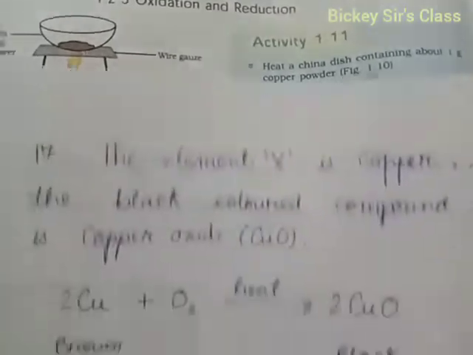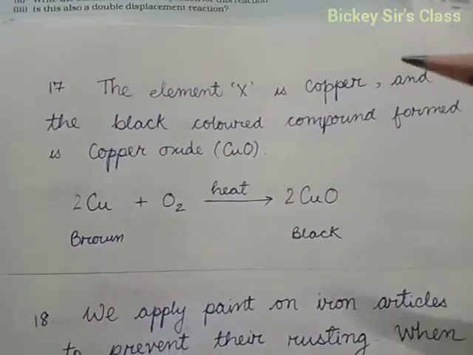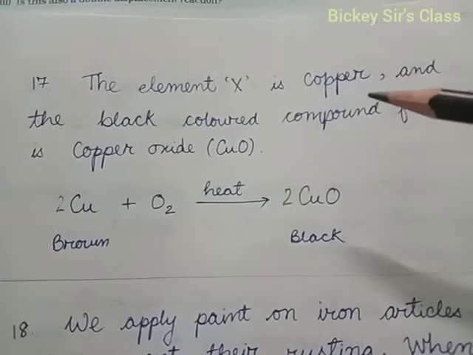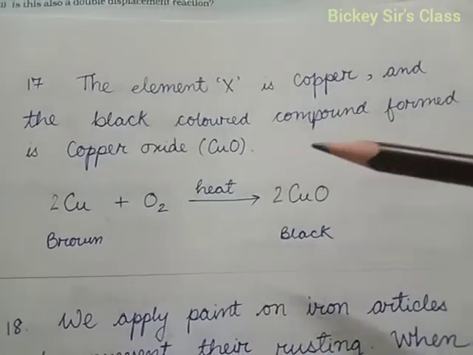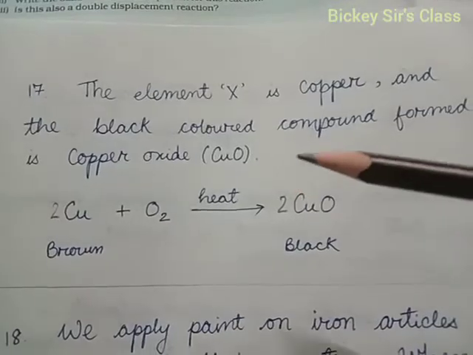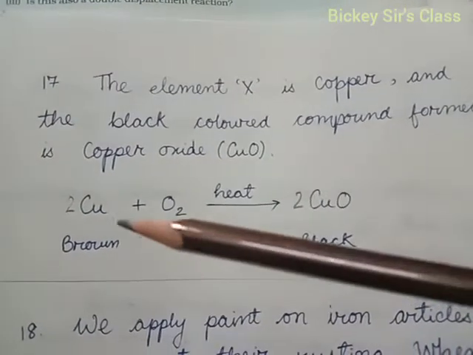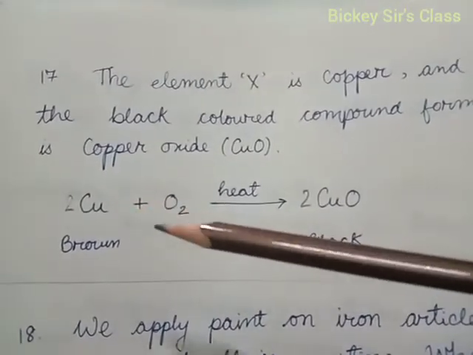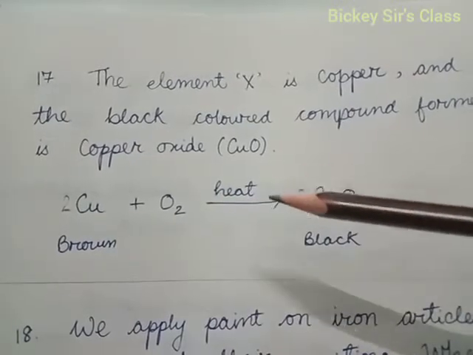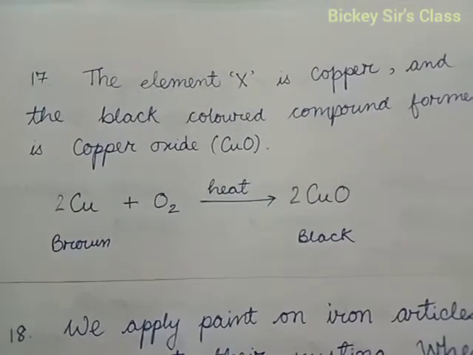So the answer to this question is this one. The element X is copper and the black colored compound formed is copper oxide. It is good to write the equation. Copper plus oxygen produces, on heating, copper oxide.